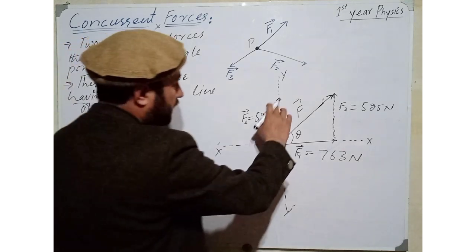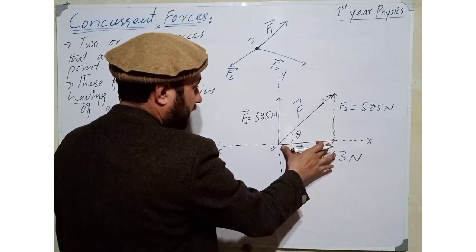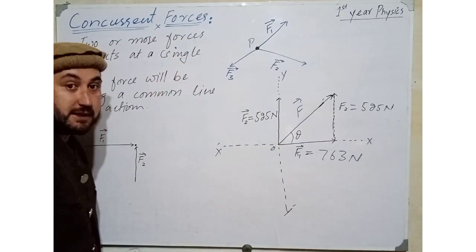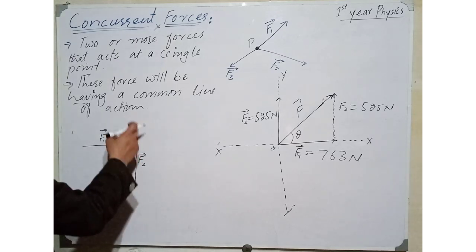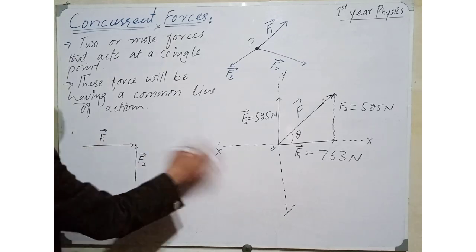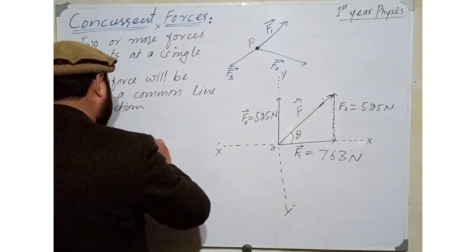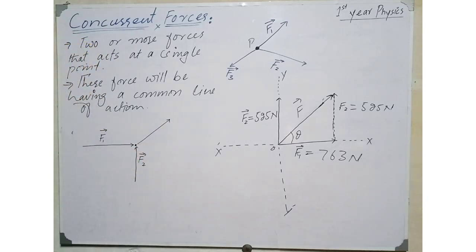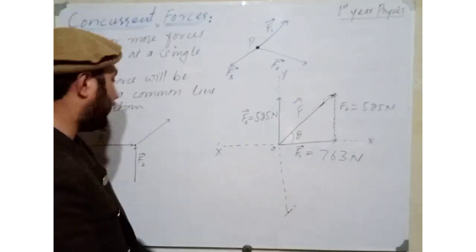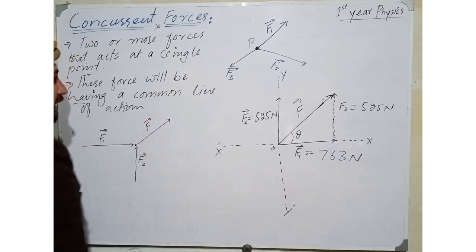This arrow has to be somehow larger than F2 because the length of the arrow represents its magnitude. Now you can see that F2 is directed upward and F1 is directed toward the right. As a result, this point object is going to move in that direction because both these forces produce a net effect in this direction, and this is what we call the resultant force F.